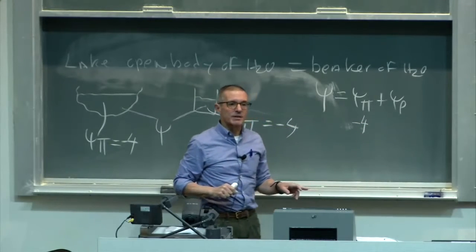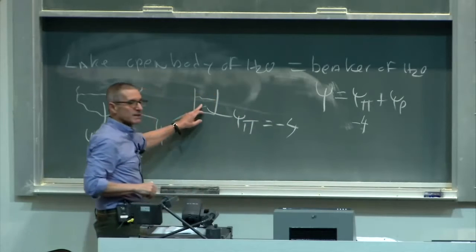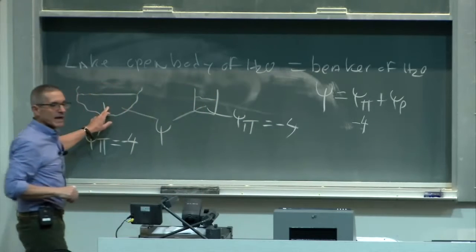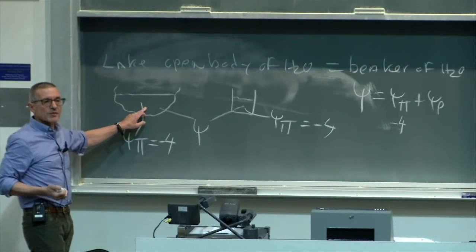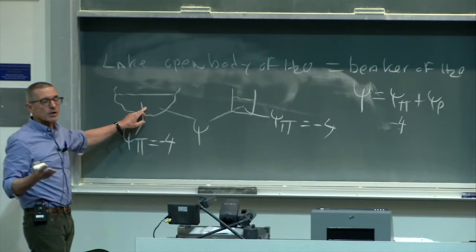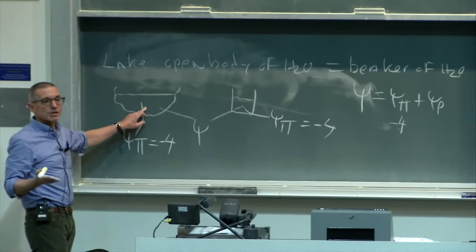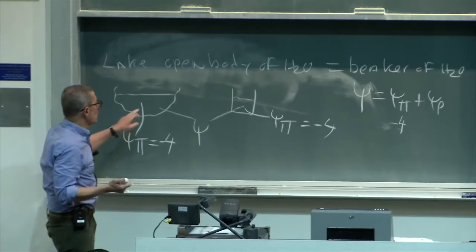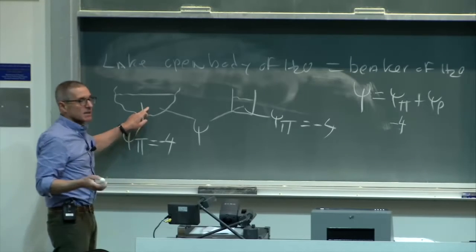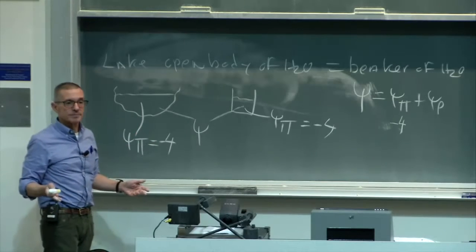And the answer is that in both the case of the beaker and of the lake, you have no possibility of increasing turgor pressure because there is no membrane. And neither of these two situations is under tension. You're not stretching the water molecules in any way. So in both of these cases, psi sub p equals 0.